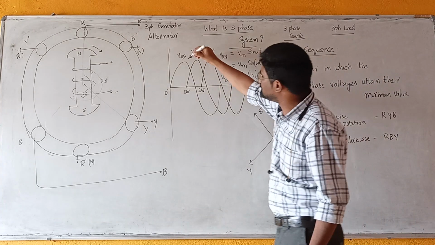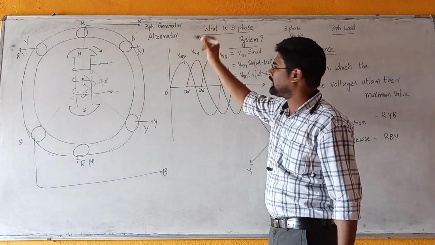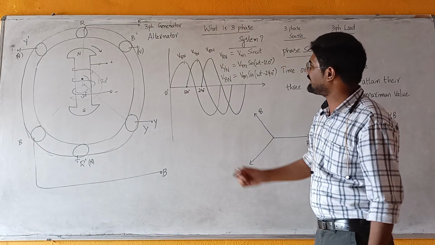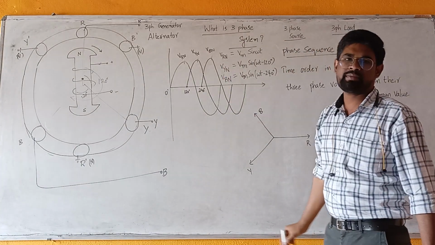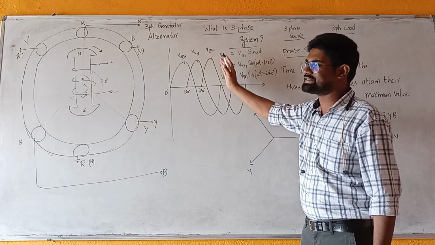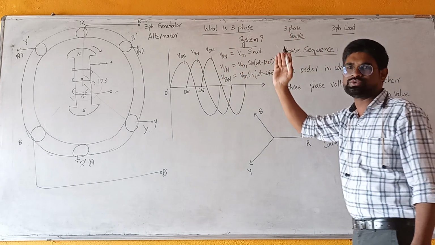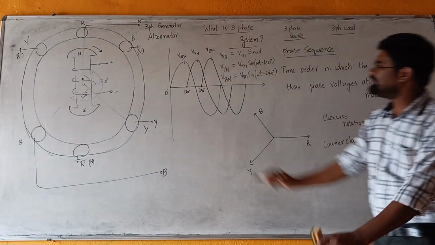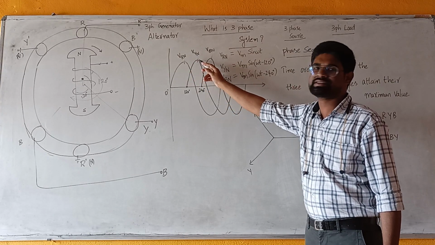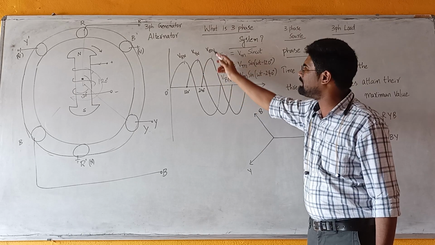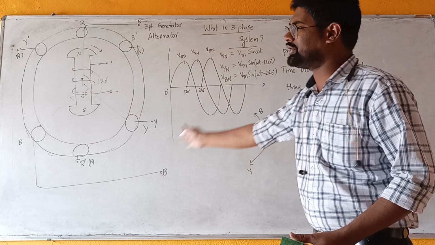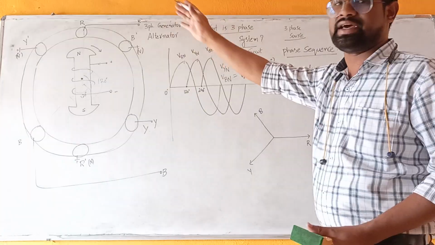Maximum value is reached by VRN first, and next VYN reaches its maximum value, and next VBN reaches its maximum value. And this is the order in which the three voltages reach their maximum values. First voltage VRN reaches its maximum value, and next VYN, next VBN, because we are rotating the magnetic rotor in clockwise direction.